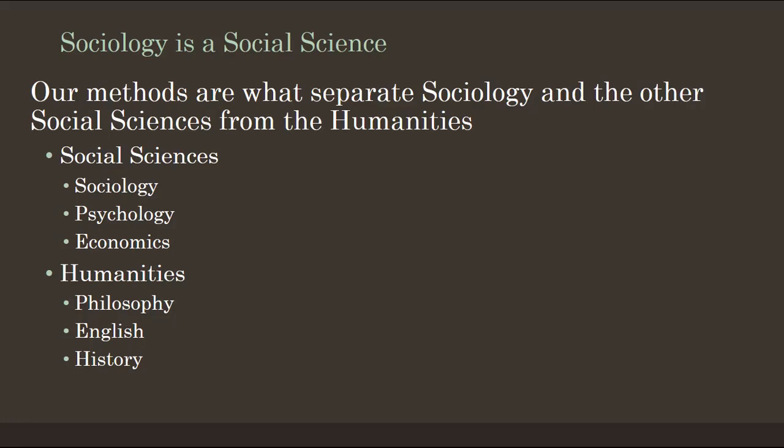The difference between these two classifications is that social sciences use the scientific method, and humanities do not. They have their own ways of figuring out the world. So social sciences use the scientific method just like physicists do, just like chemists do, just like biologists do. But we apply the scientific method to studying human beings.